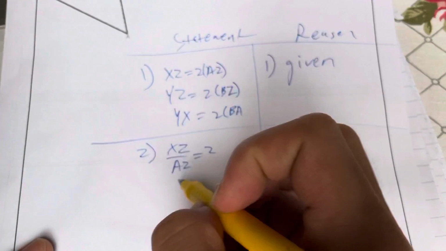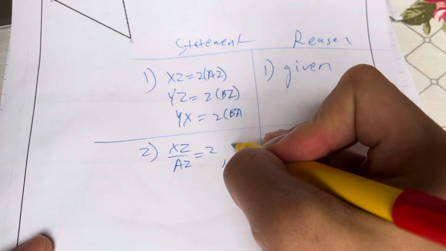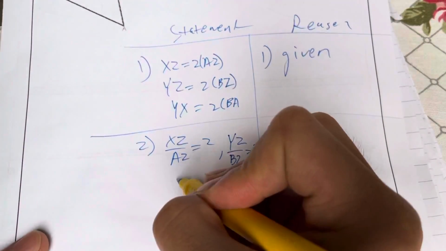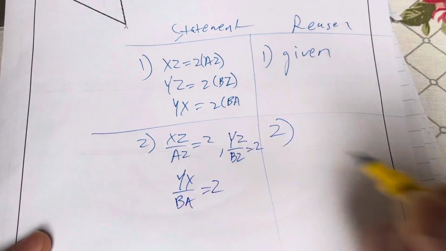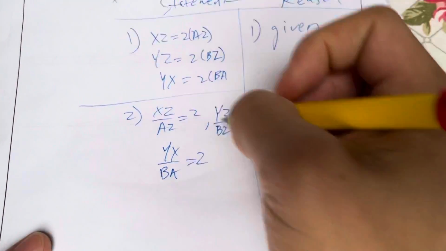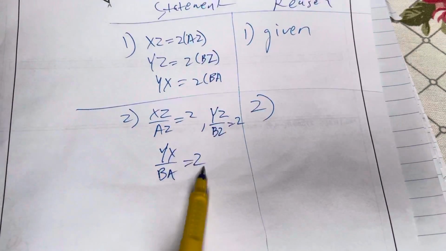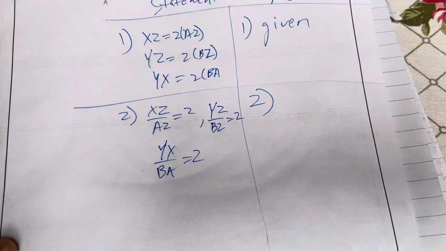And so the same thing happens with, you're going to say something like YZ divided by BZ is equal to 2, and YX divided by BA is equal to 2. And what does this mean? Well, it's telling me that all 3 sides are in proportion to each other, and the proportion is 2.